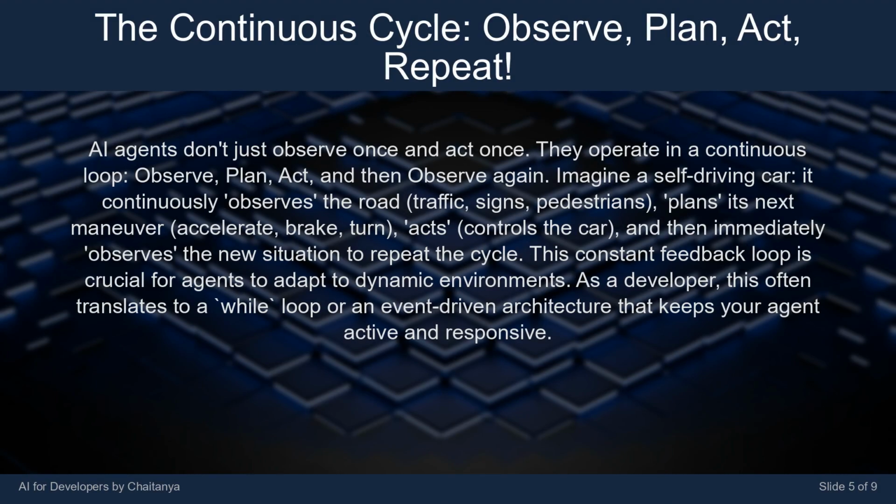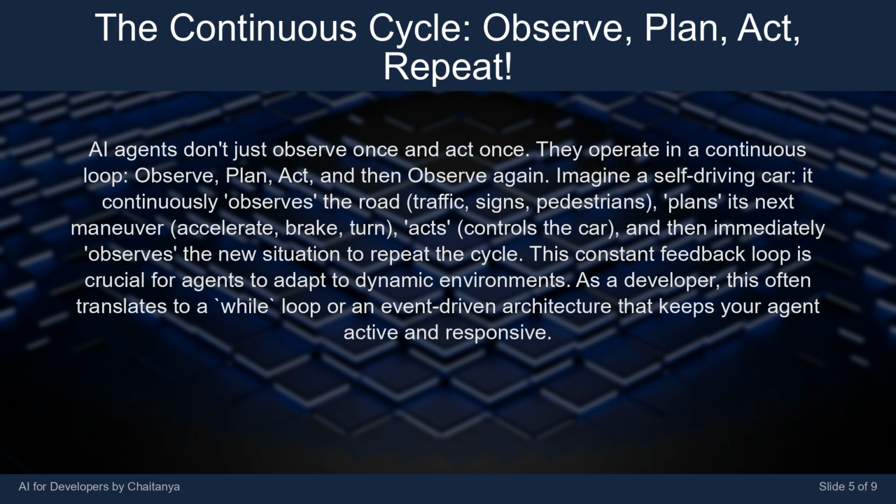AI agents don't just observe once and act once. They operate in a continuous loop: observe, plan, act, and then observe again. Imagine a self-driving car. It continuously observes the road, traffic, signs, and pedestrians, plans its next maneuver (accelerate, brake, turn), acts by controlling the car, and then immediately observes the new situation to repeat the cycle.